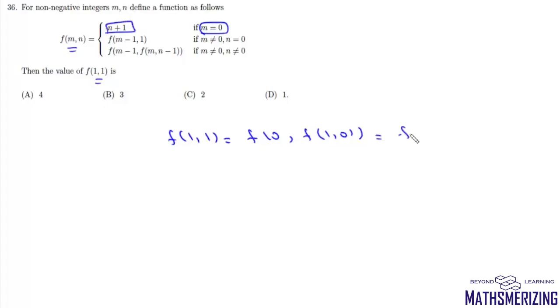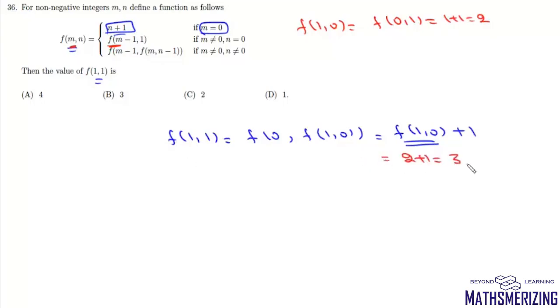So that means this value is equal to f(1,0) plus 1. Now we'll need to find the value of f(1,0). So for this, we'll put m as 1 and n as 0. We'll get f(0,1). And when m is 0, it is n plus 1. So it'll be 1 plus 1, it is 2. So the value of f(1,1) will be simply 2 plus 1, and that is equal to 3. And that's our option number B.